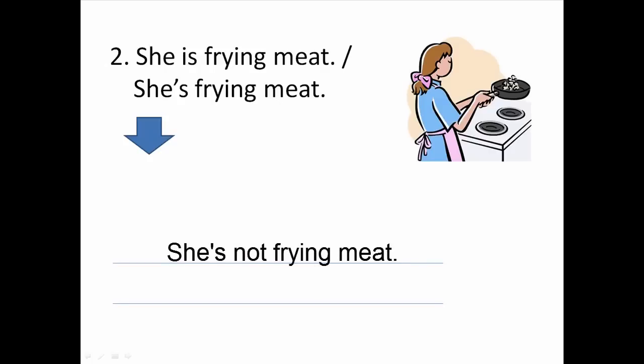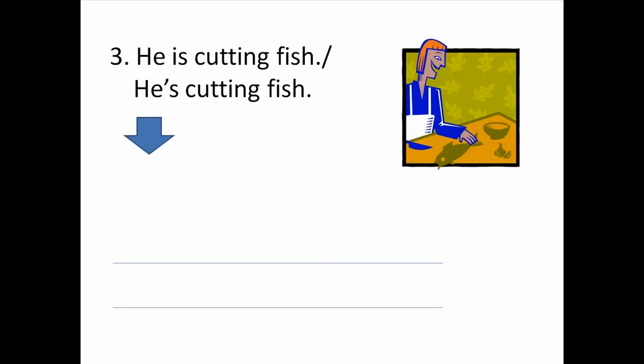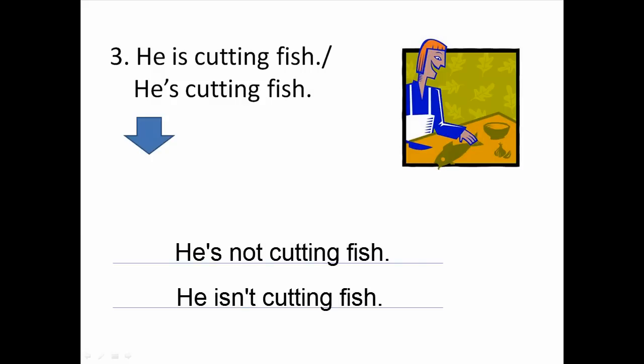She's not frying meat, or she isn't frying meat. 3. He is cutting fish, or he's cutting fish. He's not cutting fish. He isn't cutting fish.